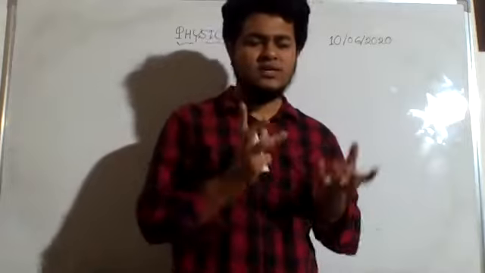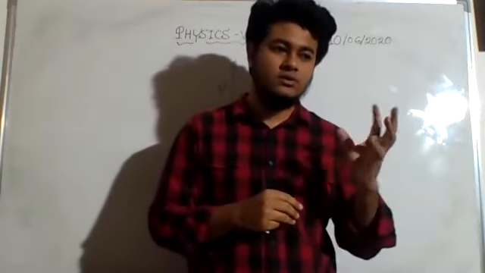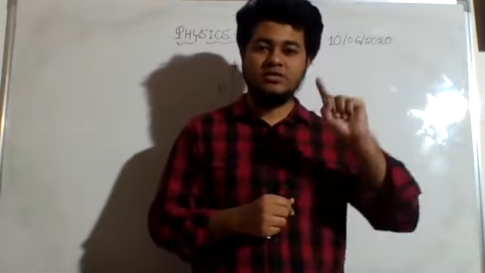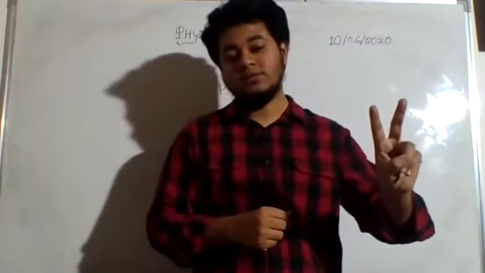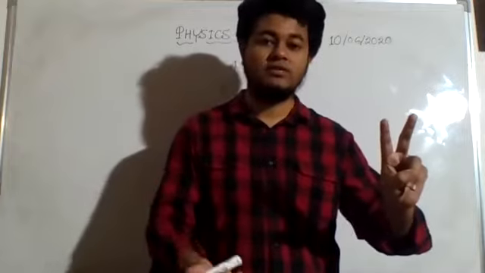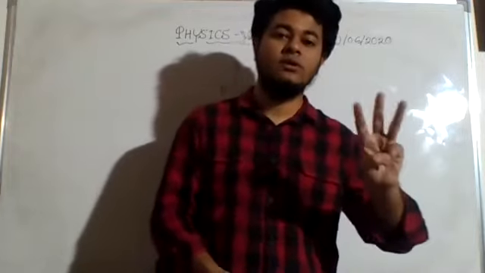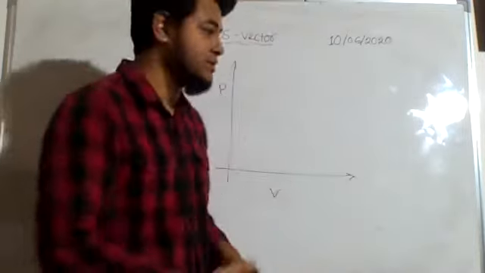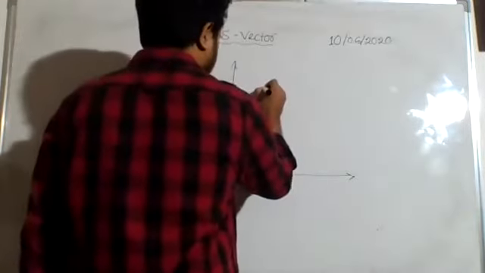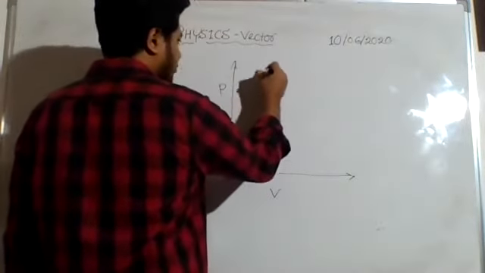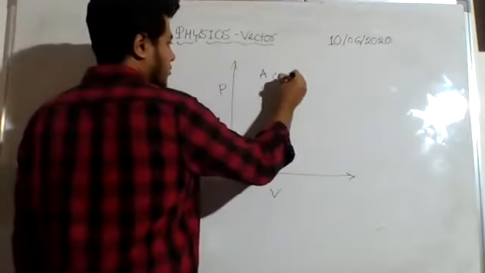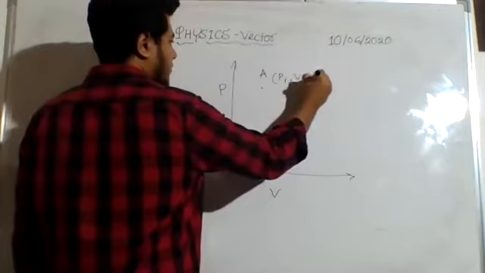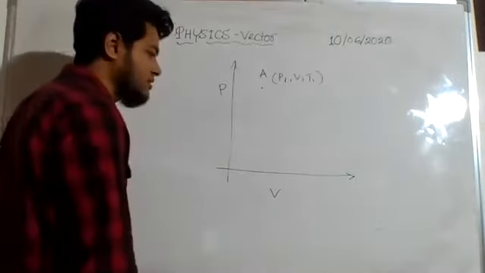So what is the condition of the gas now? The pressure I can consider P1, the volume I can consider V1, and I know that the temperature has become T1 now. So P1, V1, T1, this is the initial point. Let us say the initial point I have denoted by this point A, and here I know P1, V1 exists.